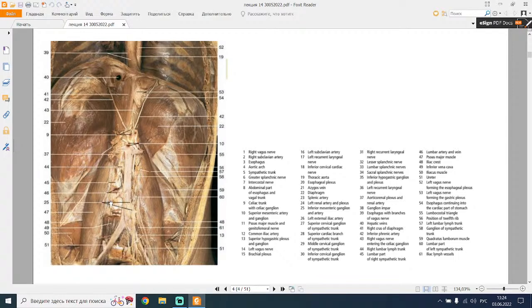What you see, this is arteria lumbalis. This is the diaphragm. The abdominal part of the aorta.